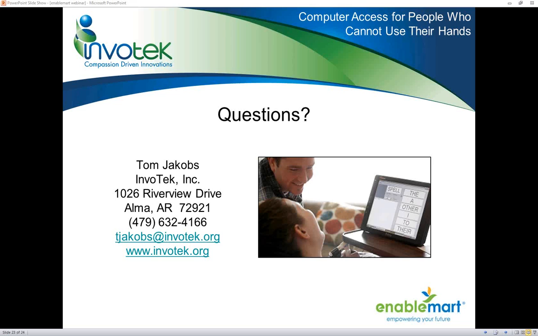Aaron would like to know, what's the advantage of purchasing a HeadMouse Extreme versus using the free Camera Mouse application? When I've used the Camera Mouse application, I don't find that those things work particularly well.